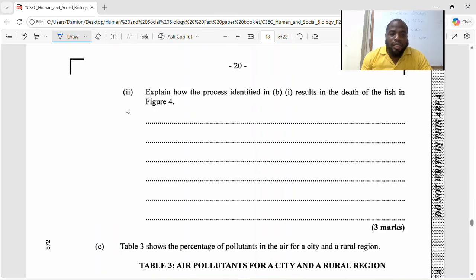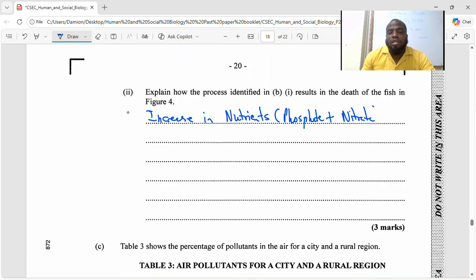So we said that increase in nutrients, and we said phosphate and nitrate. So that's one.